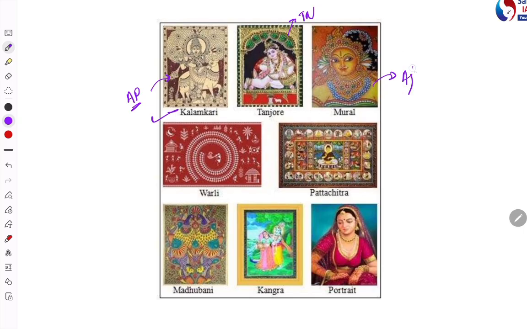Ajanta school of paintings are also mural paintings. Patta Chitra is from Odisha. Warli painting, you must have guessed, is from Maharashtra. Madhubani is famous from Bihar. Kangra painting is from Himachal Pradesh.